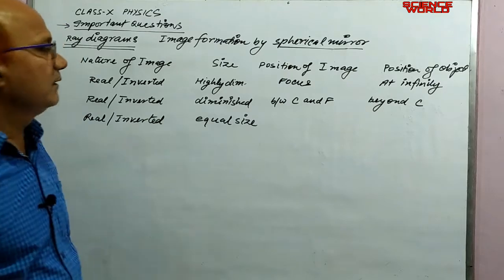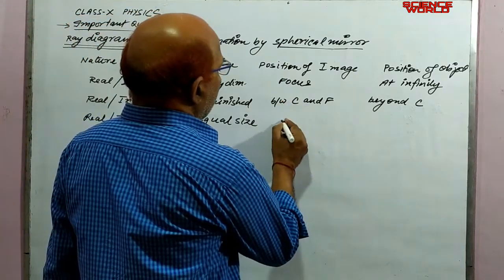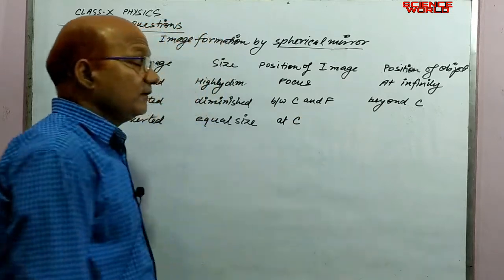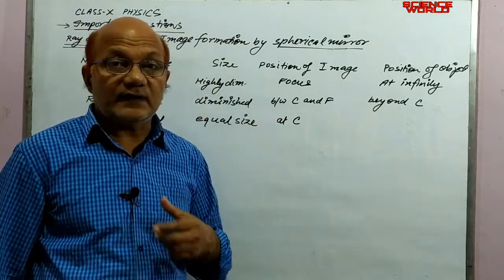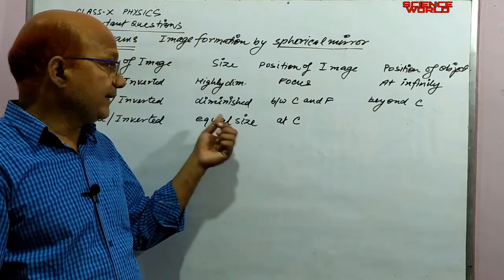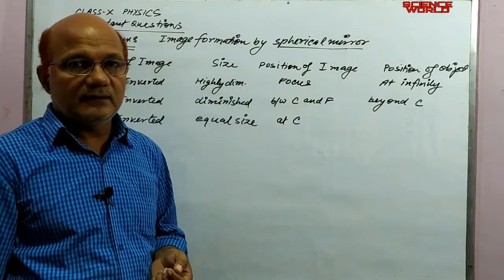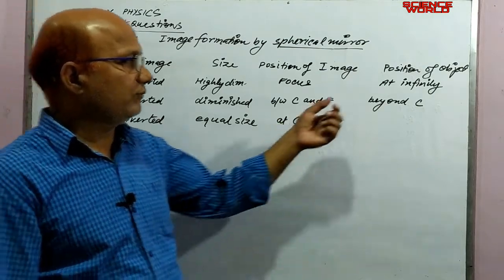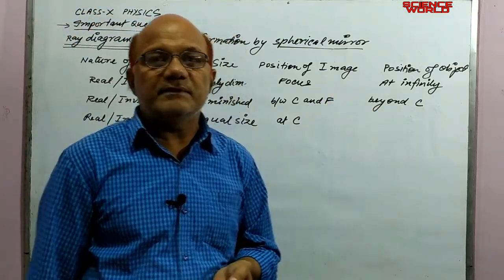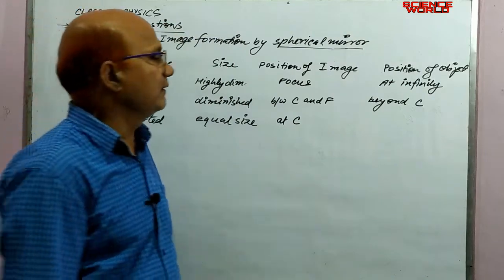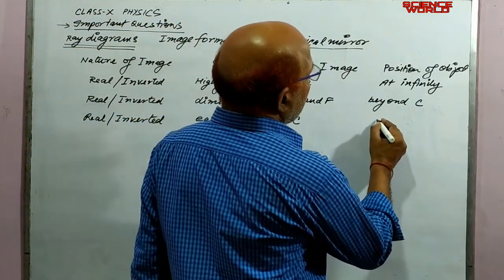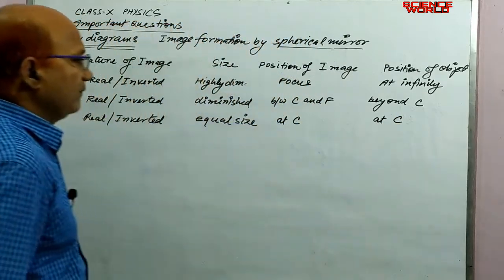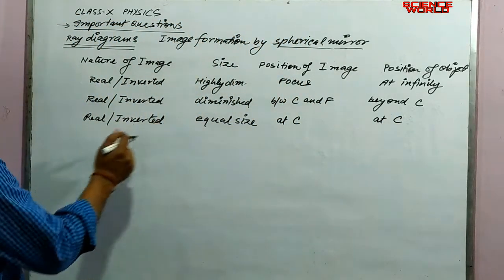It means the image will be at center of curvature, because the image which is at center of curvature, it is of the same size of object and it is real and inverted. So, where you place the object to get such image, the object will be at center of curvature. Okay.